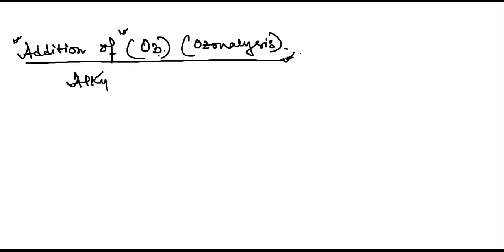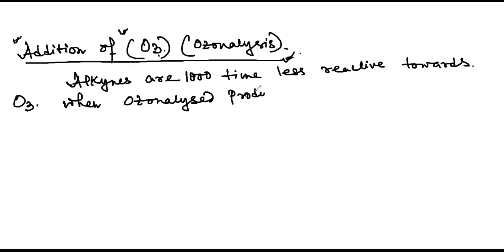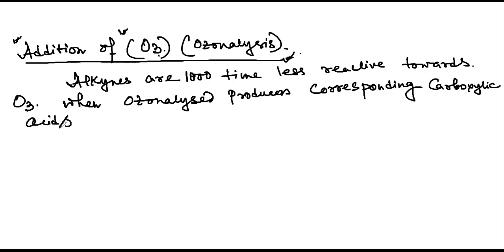Alkynes are 1000 times less reactive towards ozone. So when ozonolyzed, they produce the corresponding carboxylic acids.